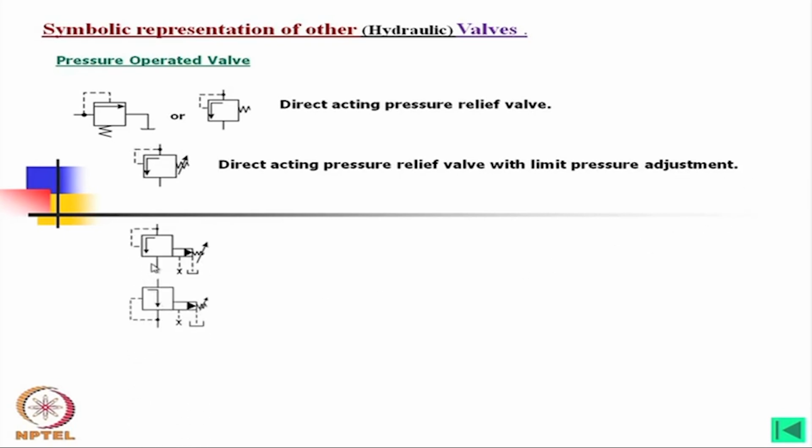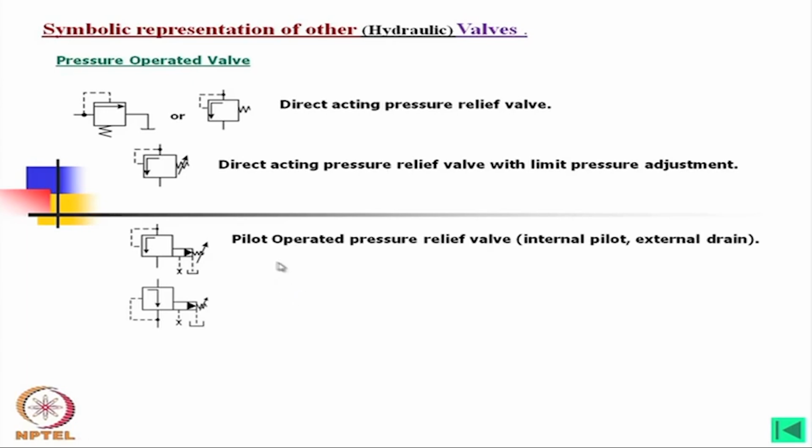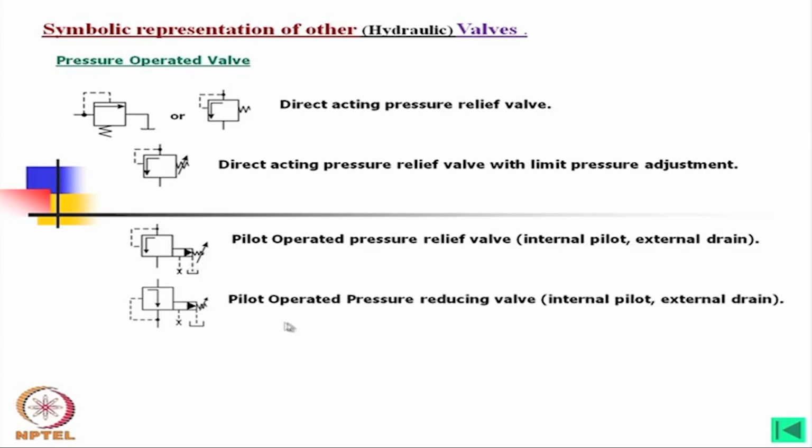Now, if I look into these two valves, they look alike, not much difference, but the above one is the pilot operated pressure relief valve, internal pilot and external drain. In this case, pilot operated pressure reducing valve, internal pilot, external drain. Now, what is pressure reducing and why is it called pressure relief?